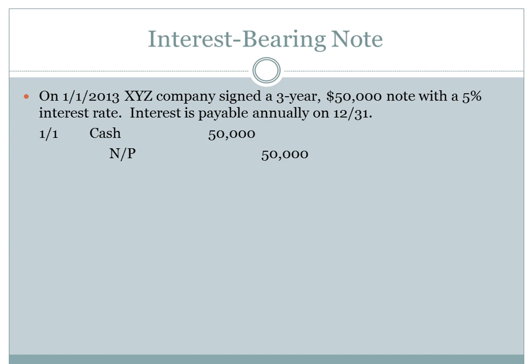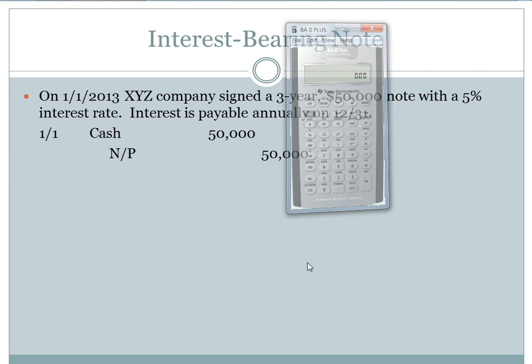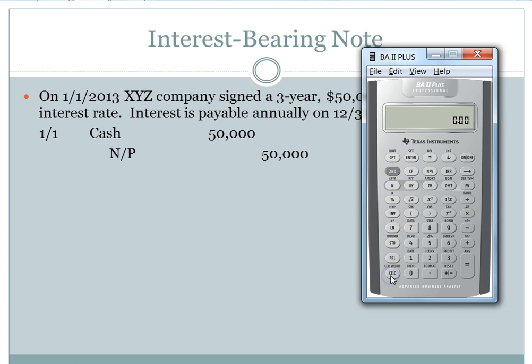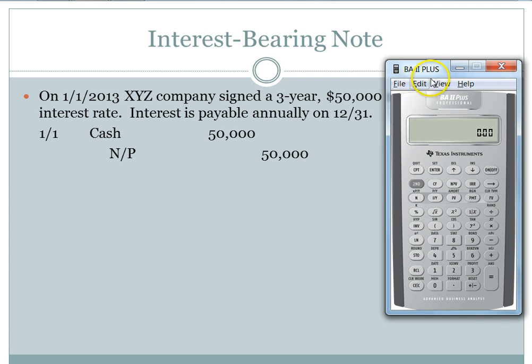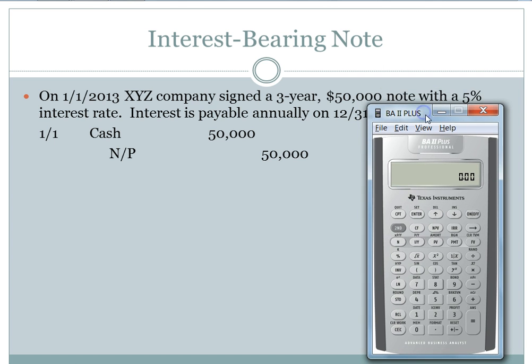On December 31st, we have another cash flow, specifically the interest that is payable on that note. And so we're going to follow the same convention that we use all the time to determine interest expense. And that convention is to take the face value of the note multiplied by the appropriate interest rate multiplied by the portion of a year for which the note has been outstanding.